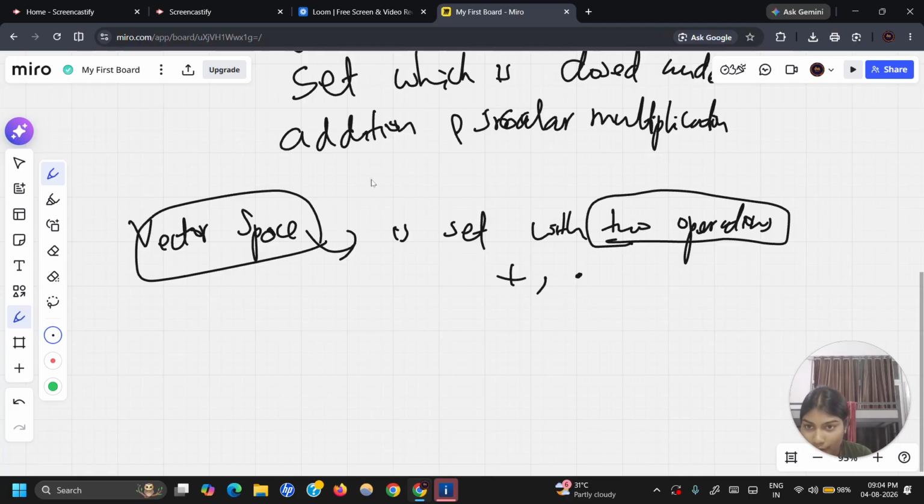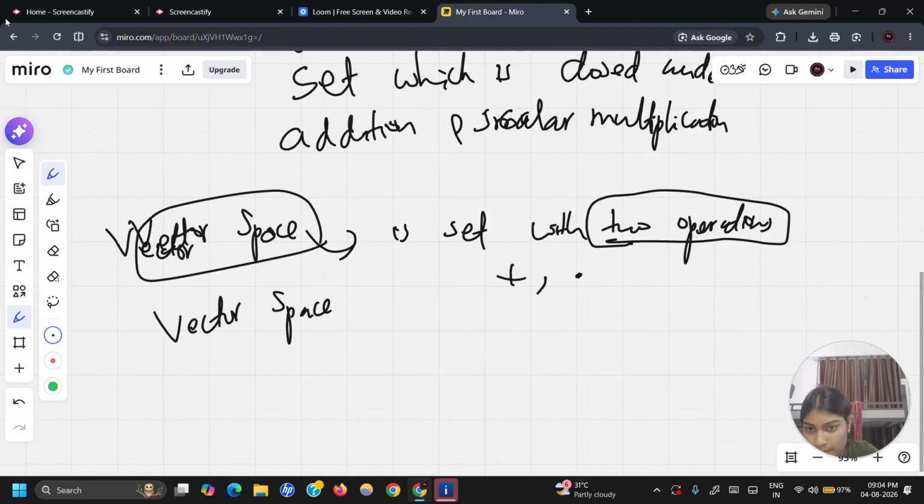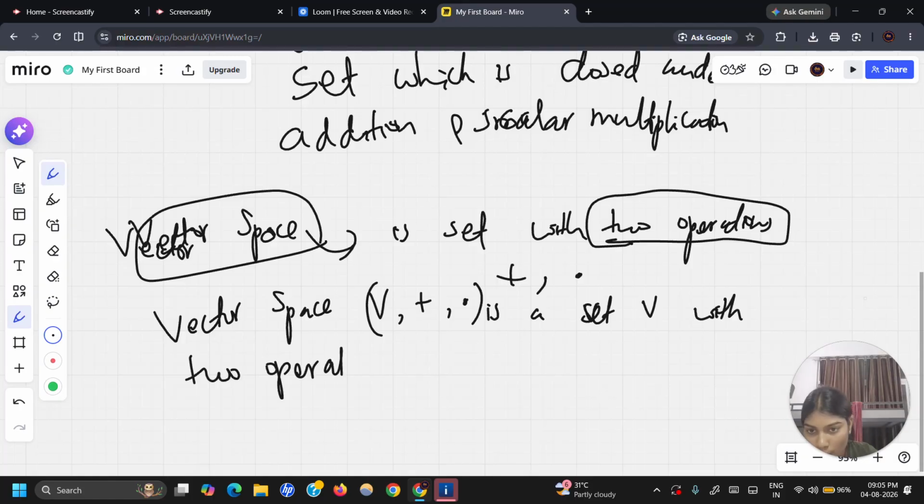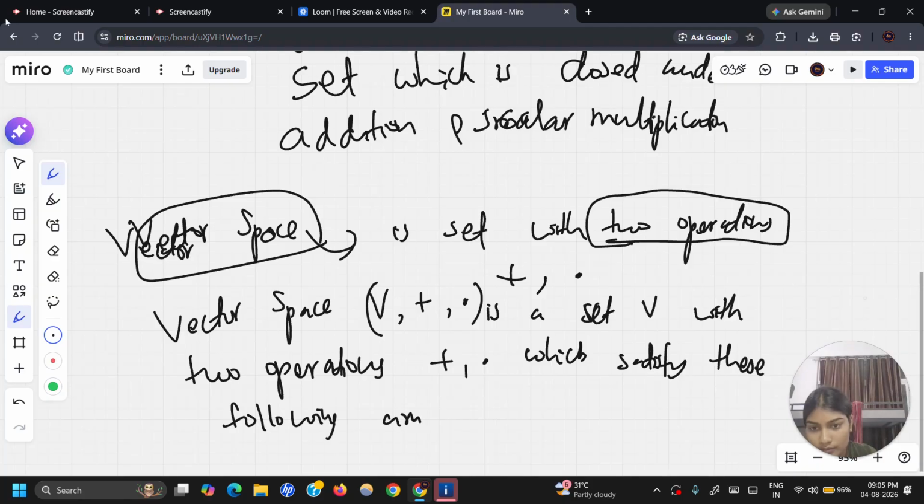If we consider a vector space V under addition and multiplication, it is a set V with two operations, addition and multiplication, which satisfy the following axioms.